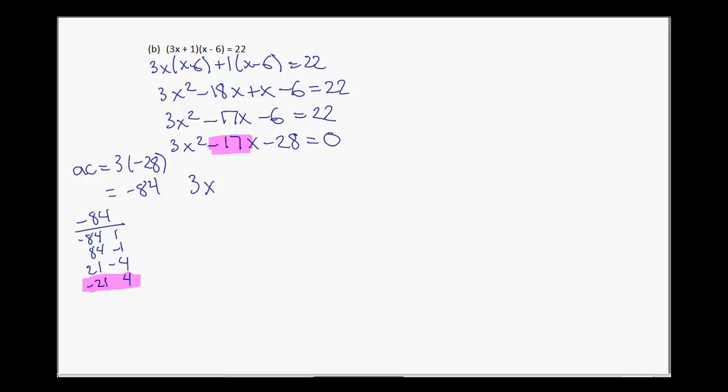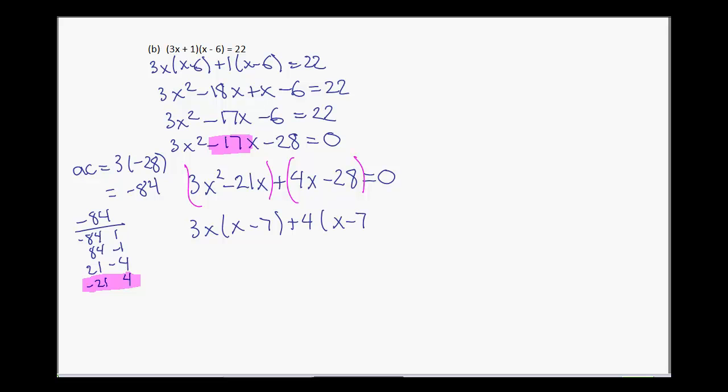Now we have 3x squared minus 21x plus 4x minus 28 equals 0. Splitting our equation down the middle, we can factor out 3x here, leaving us with x minus 7, and a 4 here, leaving us with x minus 7 equals 0.